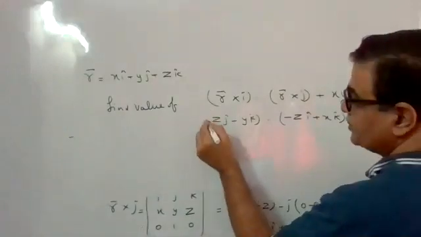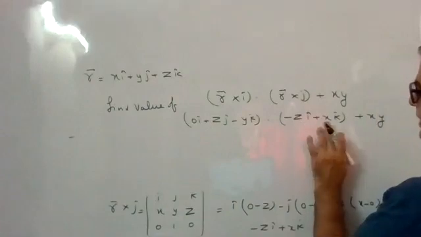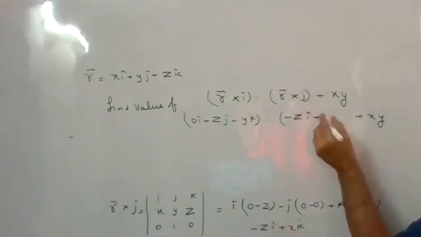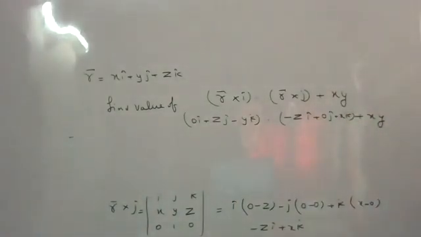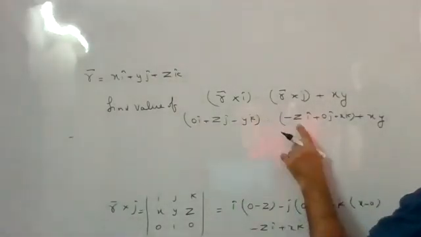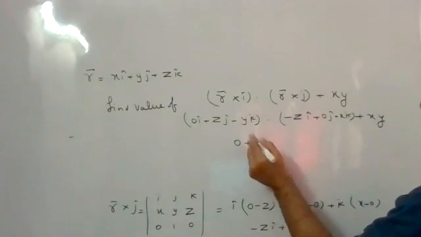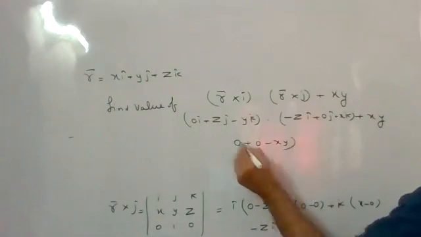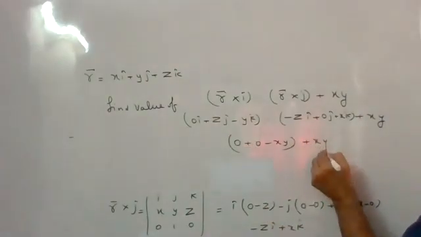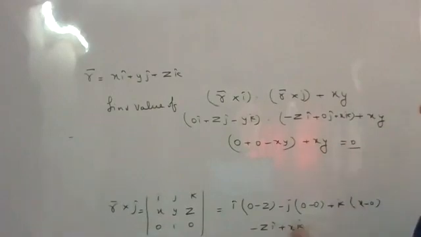There is no i in this, so you can write it as 0i; there is no j here, so you can write 0j in between. And now if you take the dot product, if you remember, 0 into minus z, 0. Z into 0, it's 0. Minus y into x, so it will be minus of xy. And this is already xy here. So minus xy plus xy, your result is coming 0.